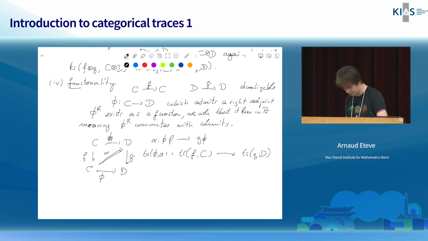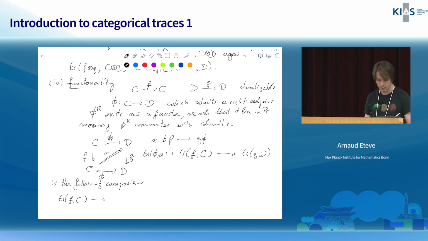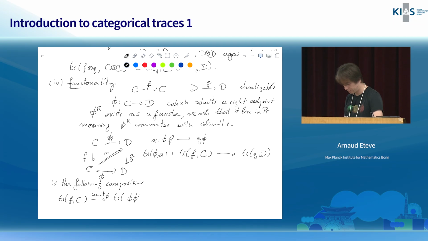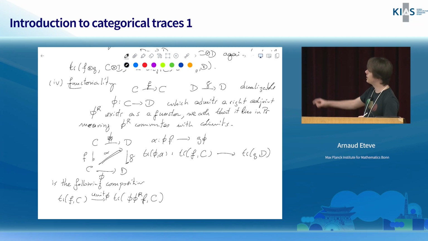Okay, and it's the following composition. So you start with trace of F on C. You use the unit of phi to go to trace of phi R F on C, and this is where we need phi R to also be a morphism in PR, because we want to take the trace.